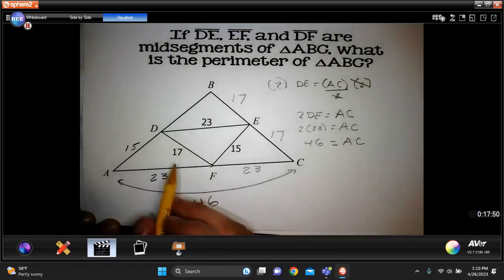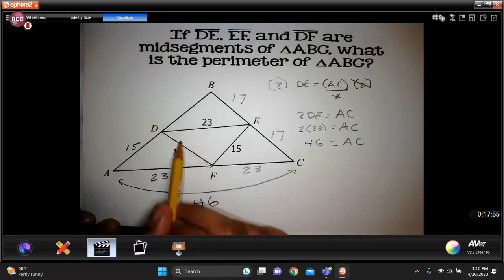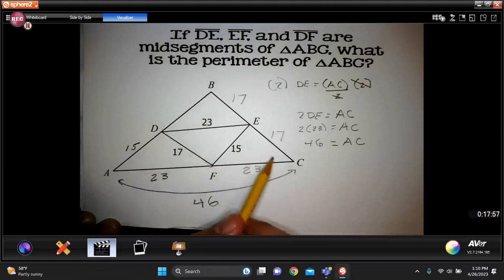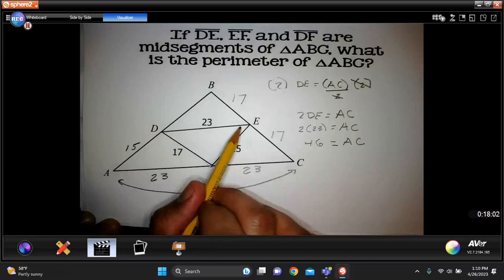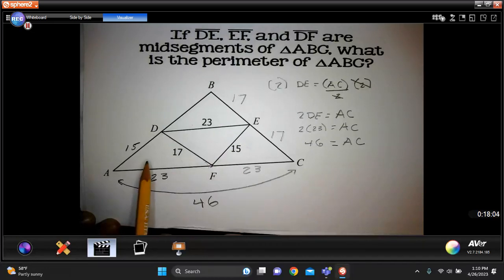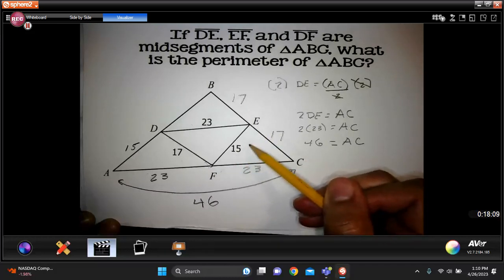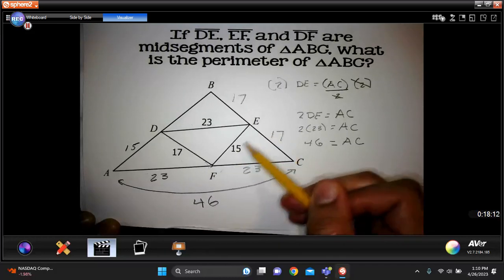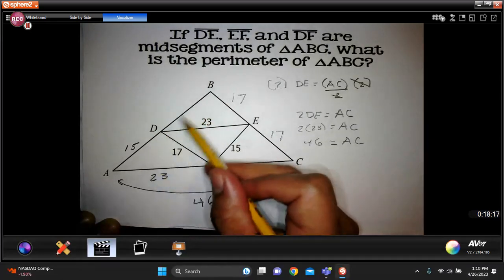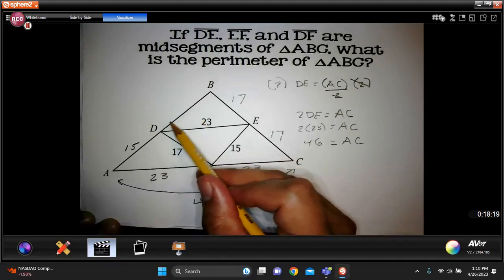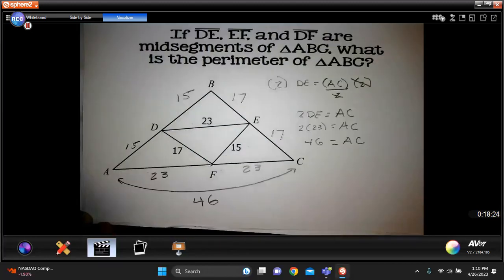If we look at the mid-segment DE sideways, the other side that is parallel to it is going to be double the side, so that's why this is going to be 17. And if we look at this triangle sideways, using the mid-segment EF, which is 15, the bigger segment that goes parallel to it is going to be double this side, so we have 15 here and 15 here.